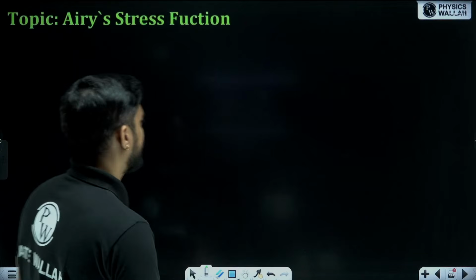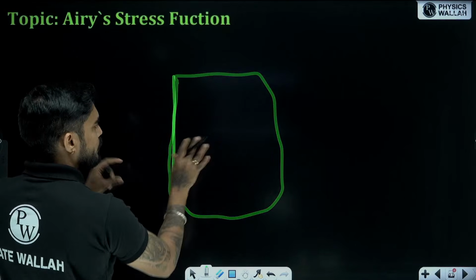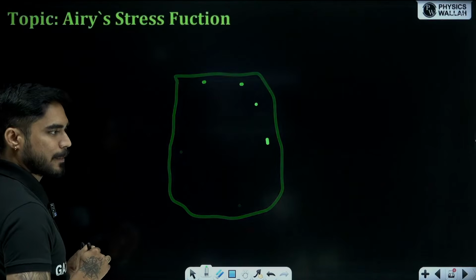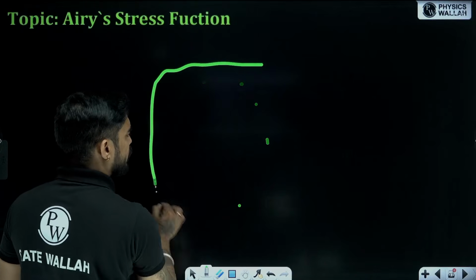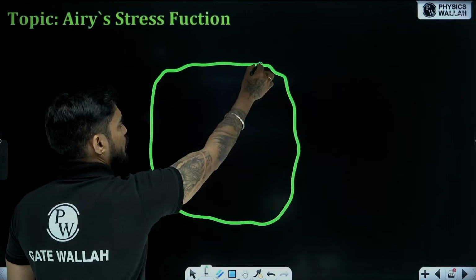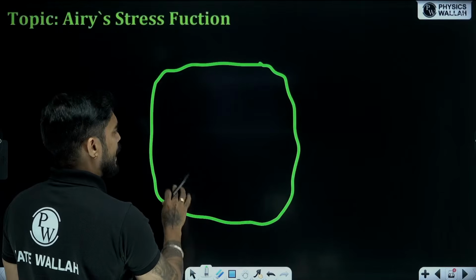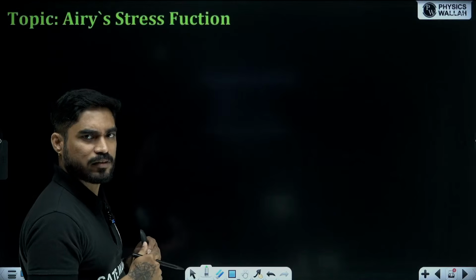For example, let's say this is an area. You need to find the values of sigma x, sigma y, tau xy at different points of this area. If I give you a function so that you can directly calculate stresses at different points of this area, it will be very easy for you, right?